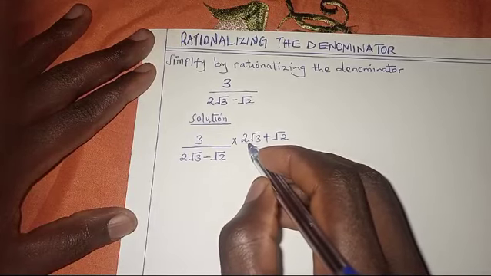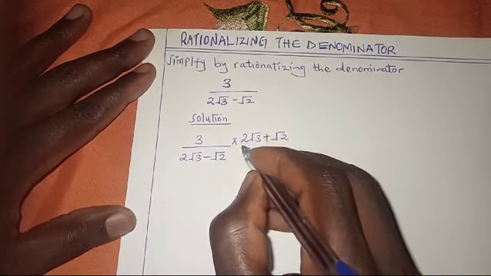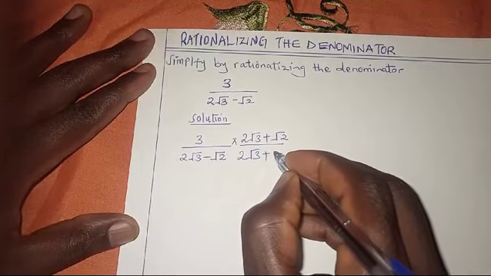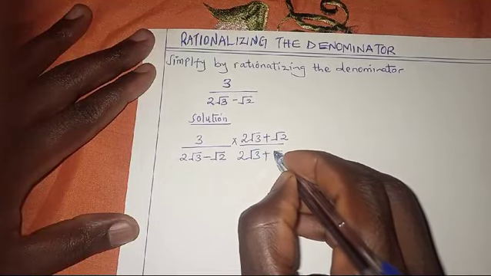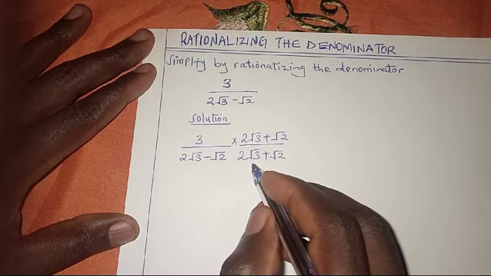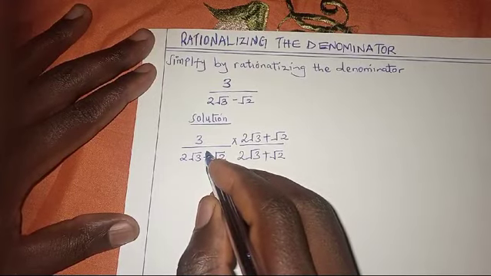So having changed this sign, this is what we call the conjugate, over 2 Surd 3 plus Surd 2. The next thing we are going to do is deal with the numerator part and the denominator part.